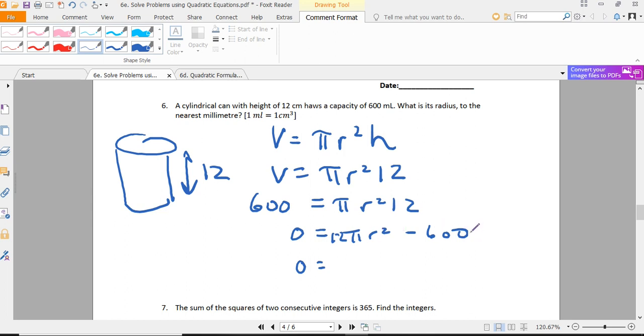I don't know what the square of 600 is, but you can just go the square root of 12 pi. Now, in a question like this, it would probably be easier just to solve for r directly.